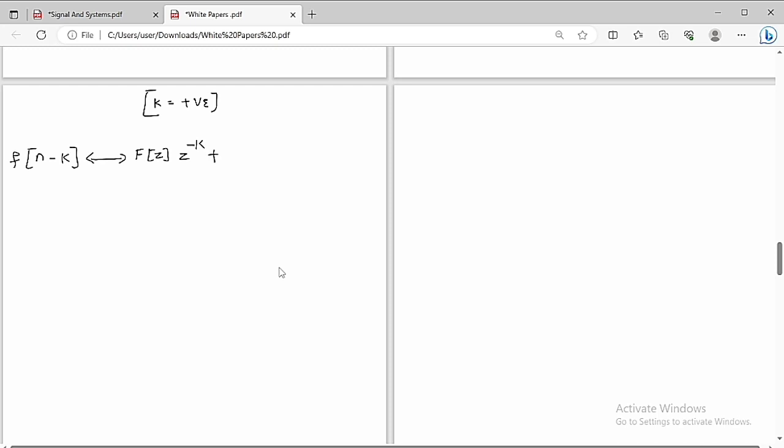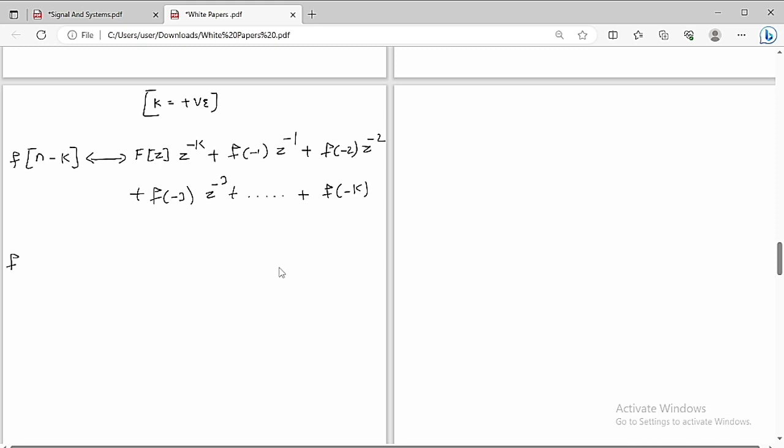Then f of minus 1, here f of minus 2, then here f of minus 3, here finally you are going to get f of minus k. Here minus 1 means here also minus 1. Here minus 2 means here also minus 2. Here minus 3 means here also minus 3. Like that.